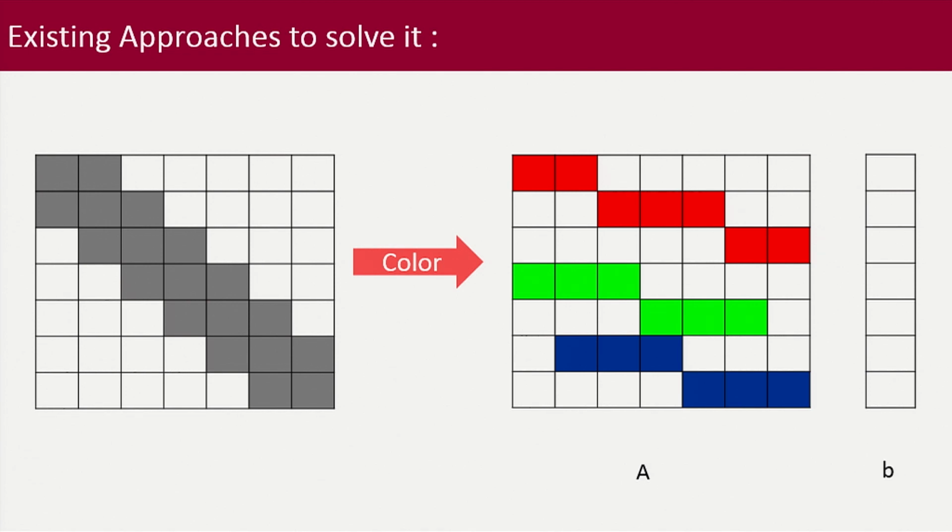This group is then called a color. For example, here if you notice the red colored rows, they do not share any common column entries. And therefore, different threads can work in parallel within a color. Once a color is completed, the threads are synchronized and we start processing rows of the next color.